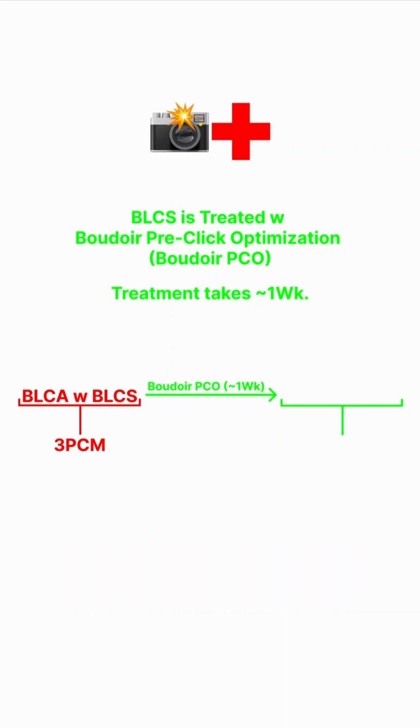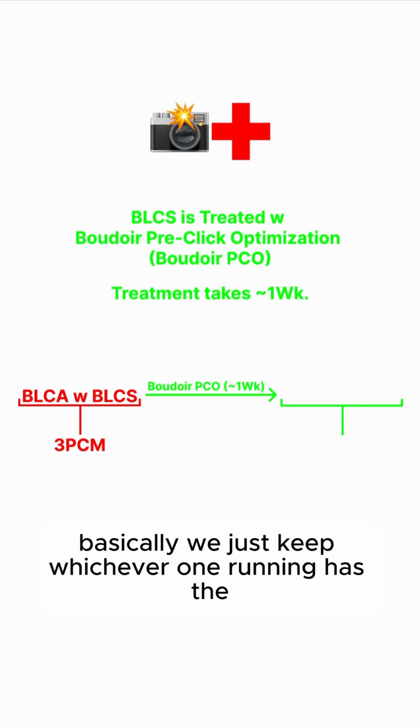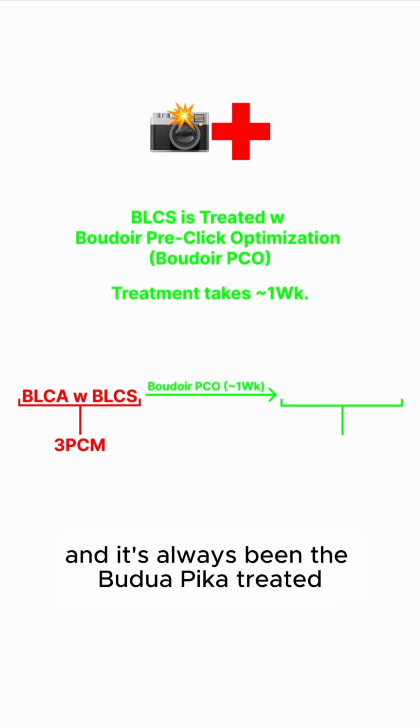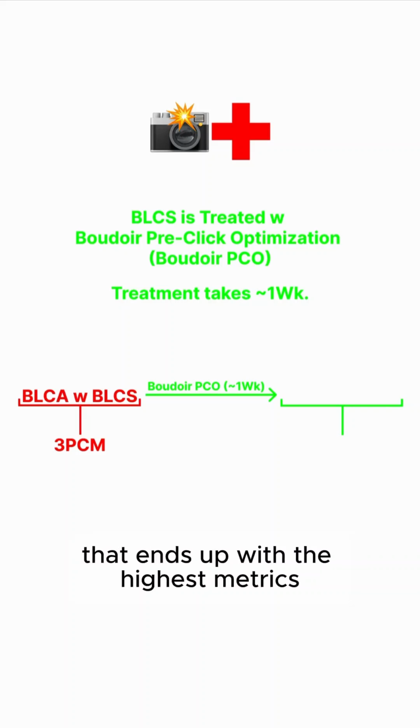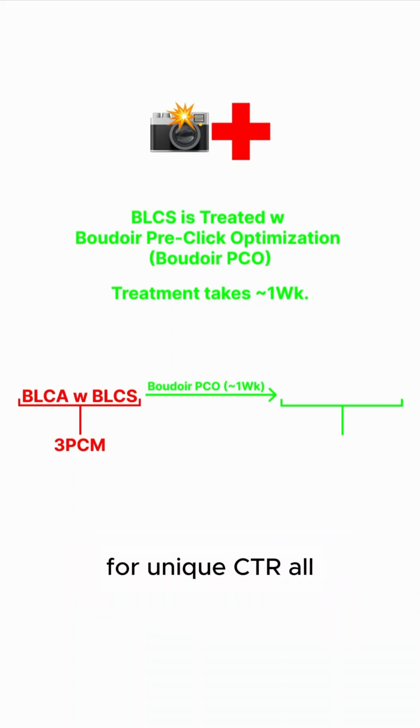After about a week, we just keep whichever one has the highest metrics, and it's always been the Boudoir Pico treated ad that ends up with the highest metrics for unique CTR all.